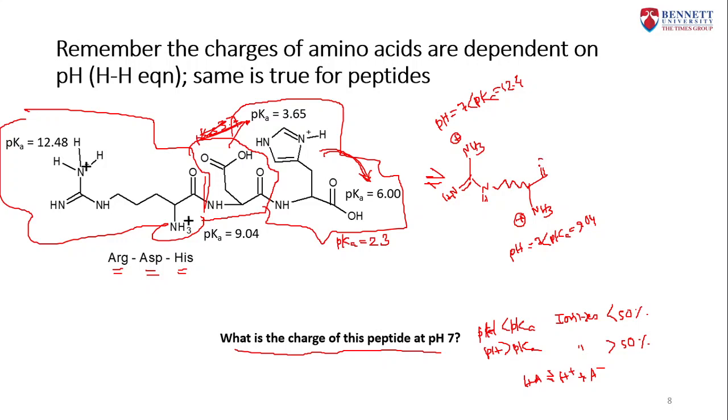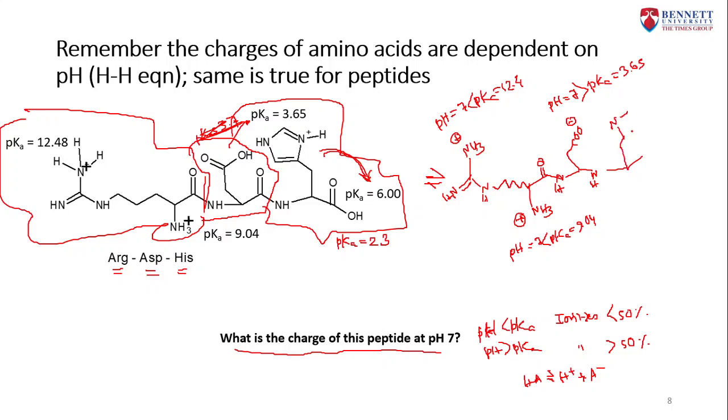Then you have the side chain carboxyl from the aspartic acid. For this, the pK is less than the pH, so this would become COO minus, because pH 7 is over its pK, which is 3.65. And you have the NH, and then you have the histidine group, which is over here.